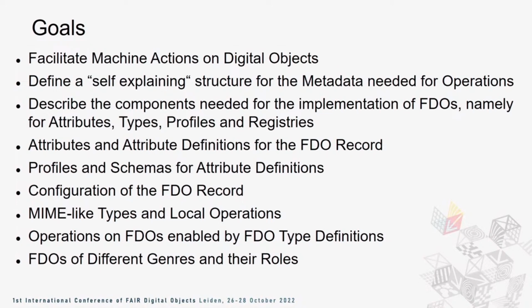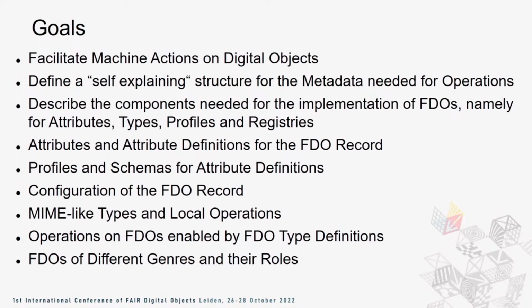Next slide, goals. So what we need to achieve with this document actually. FDOs essentially are about facilitating machine actions on digital objects, and what we need for this is a kind of self-explaining structure for the metadata needed for operations. So behind all this are operations, and we will discuss types for operations later today.